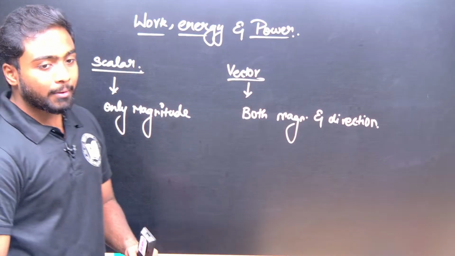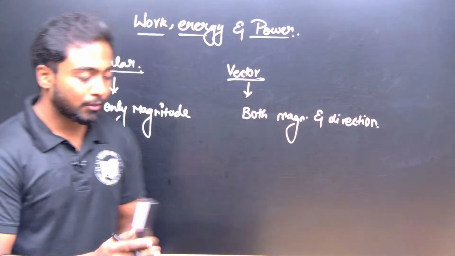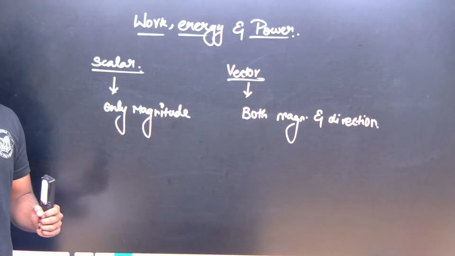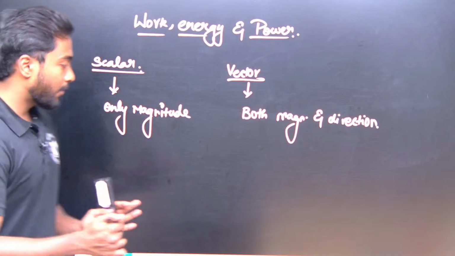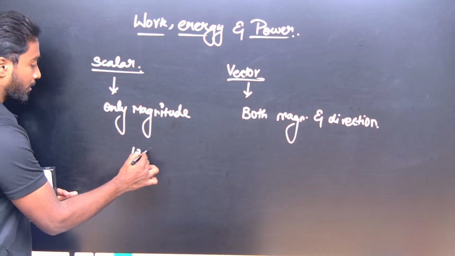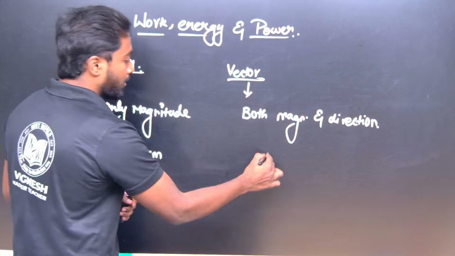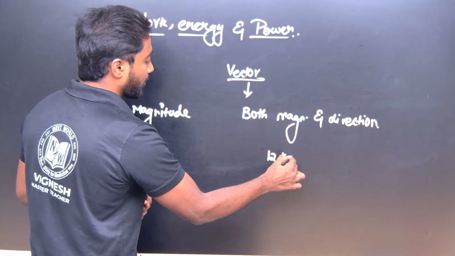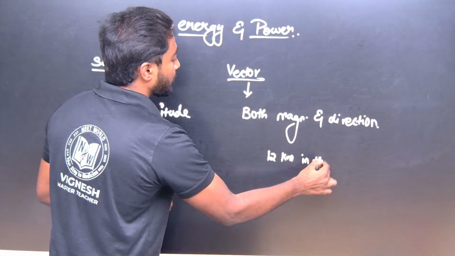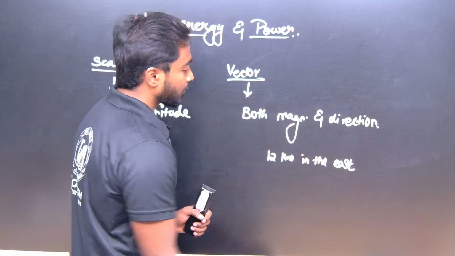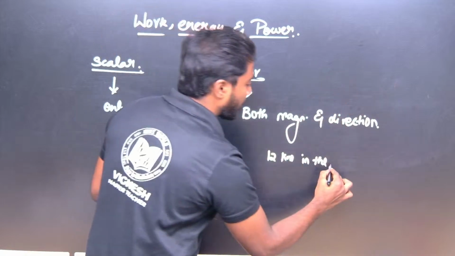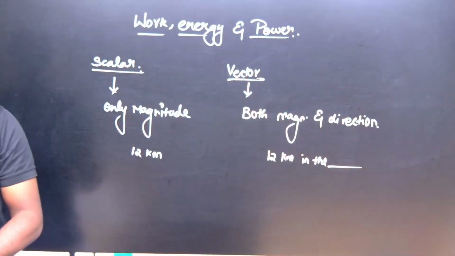So for example, if we talk about scalars and vector, like a basic difference. Okay, so 12 kilometer, and 12 kilometer in the east, or any direction, some direction in the east or west or whatever it is.